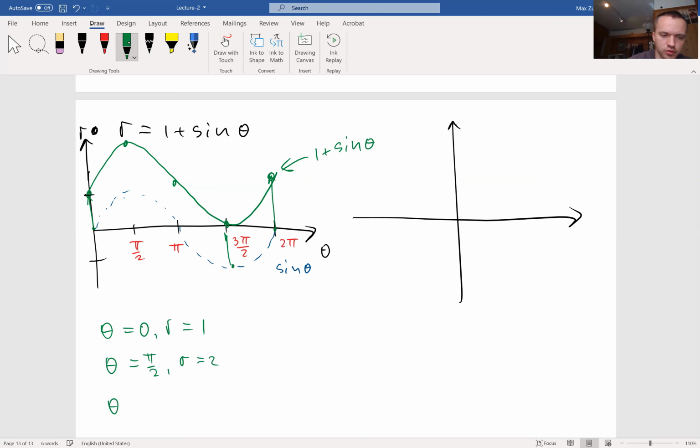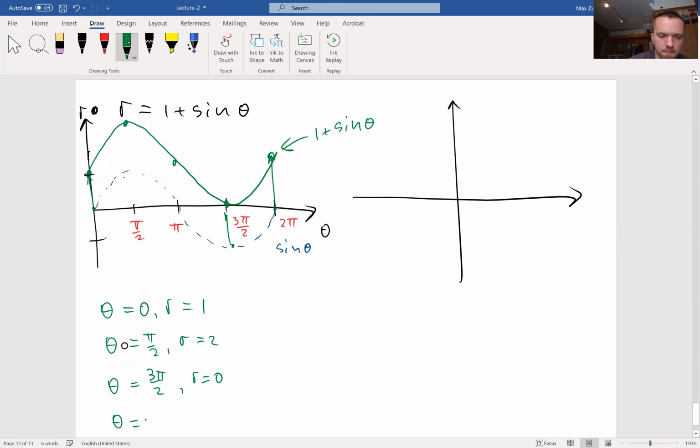When theta is equal to 3 pi over 2, my r is equal to 0. And when theta is equal to 2 pi, my r is equal to 1. So that's why I'm going to indicate the point 0, 1. Then at pi over 2, I'm going to have 2. Then 3 pi over 2, pi, I skip pi, yeah.